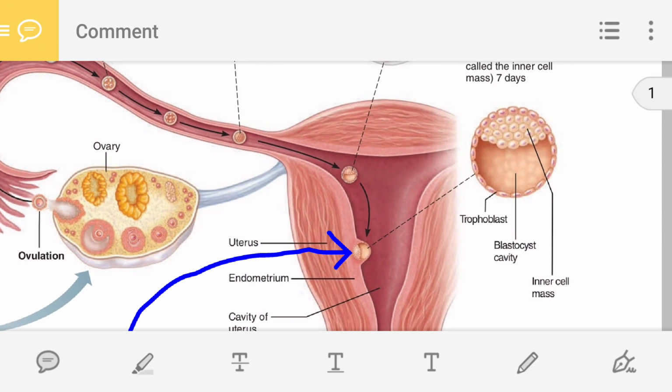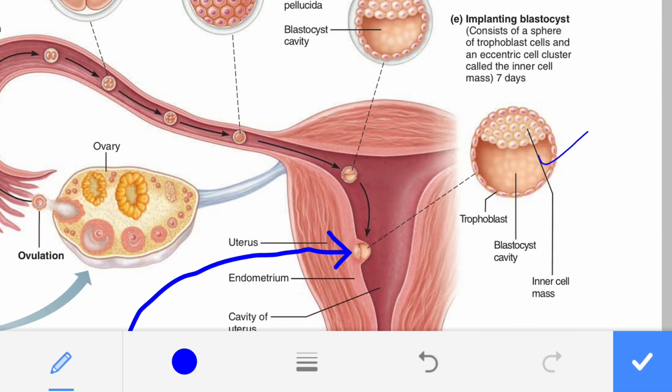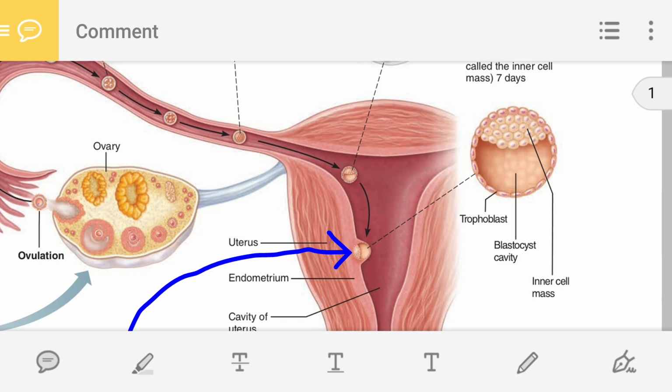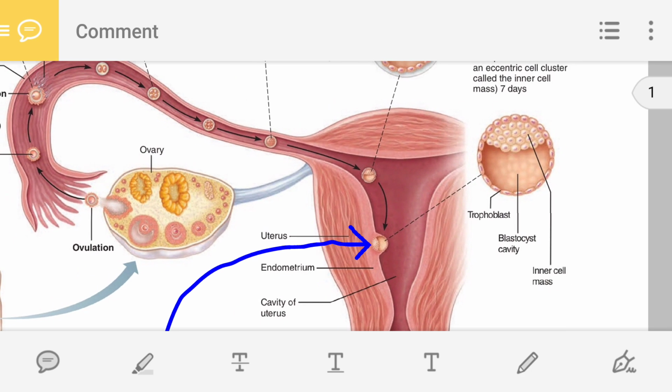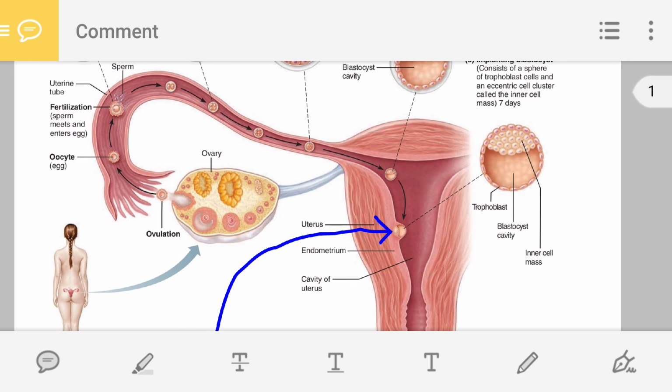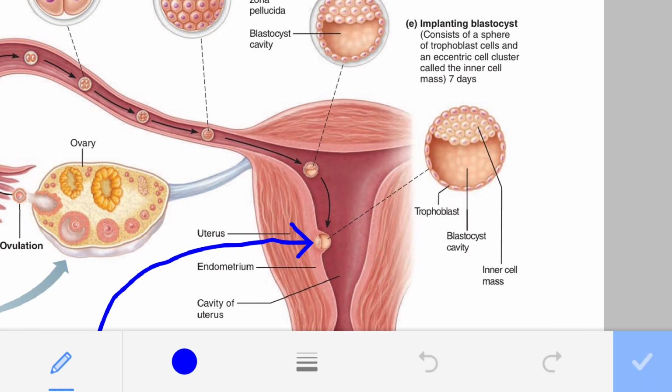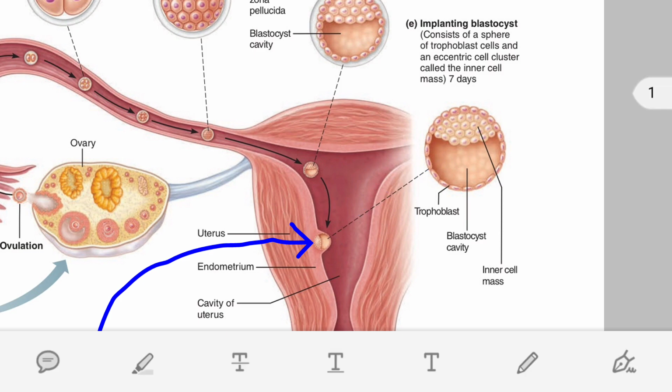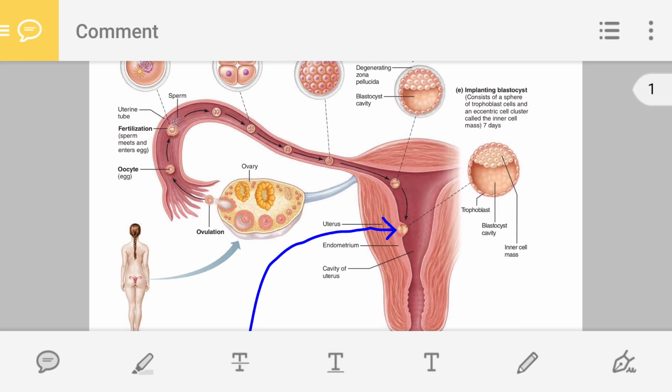Now this blastocyst floats in the uterine cavity for two days, and after this 2-day time period, this blastocyst starts to implant on the inner wall of the uterus, that is the endometrium. So I am showing you this.